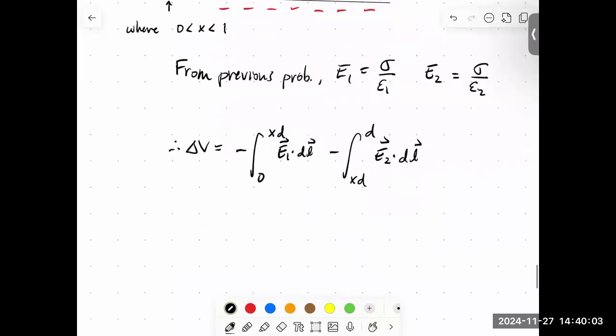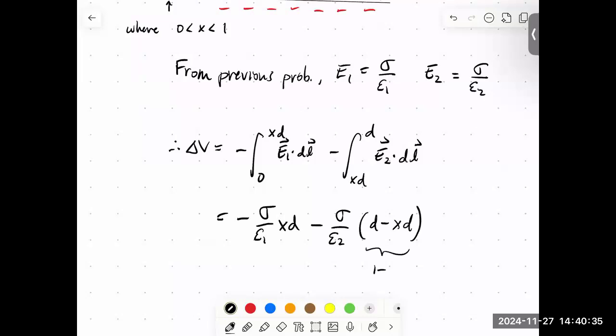Okay, but the electric fields are going to be constant in these materials, so these are easy integrals. This is just going to be E1 times xd. But E1 is sigma over epsilon 1 times xd. And then we have sigma over epsilon 2 times d minus xd, and that's the same as 1 minus x times d.